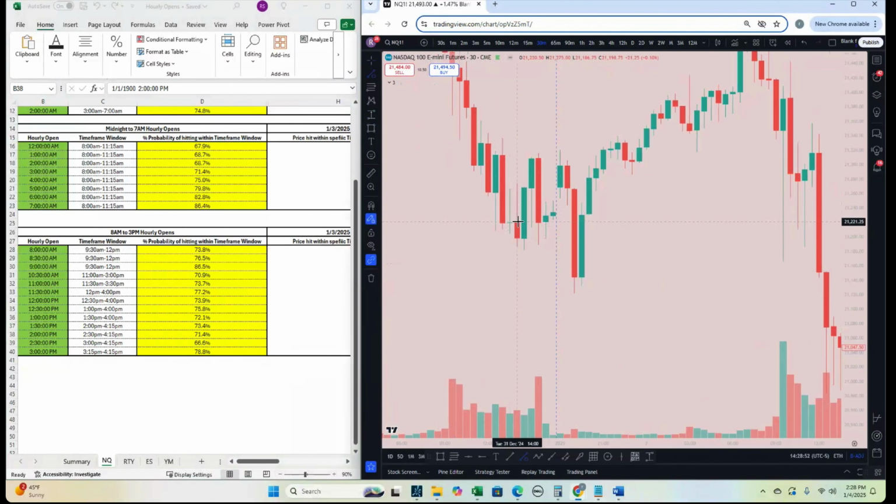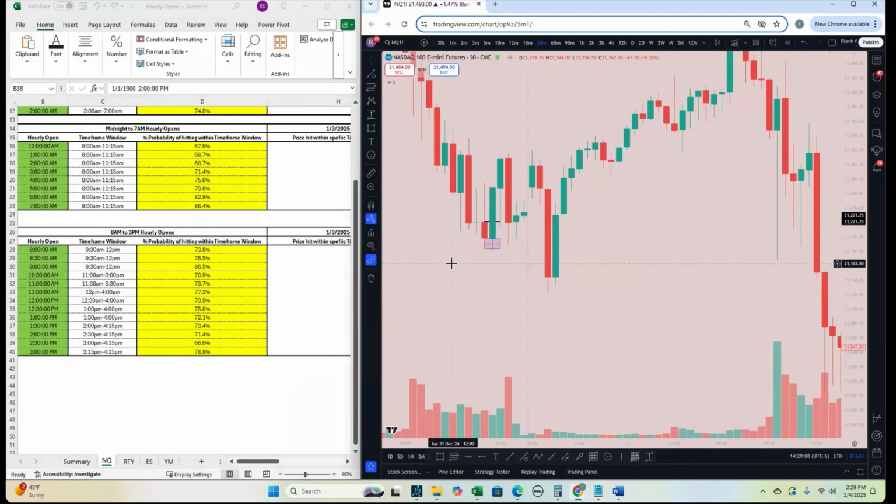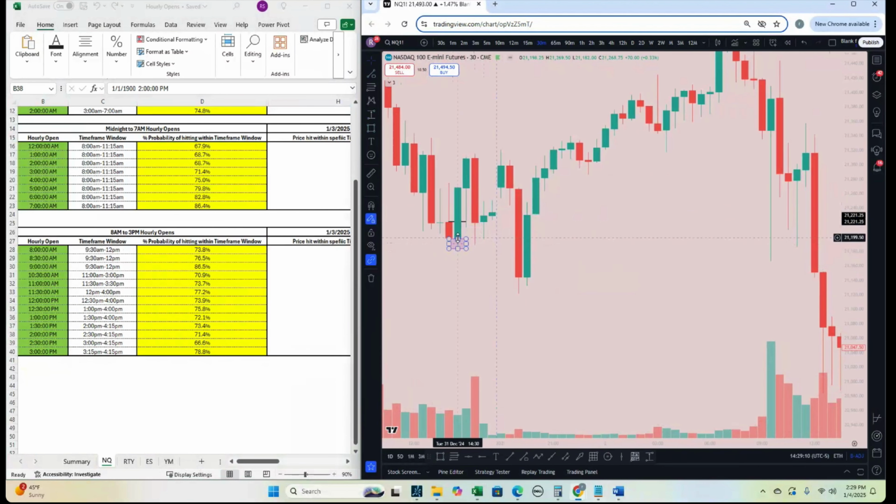As soon as it gets to about 2:28, 2:29, I'm marking this out, right? And then I'm drawing my little box above the wick, and then I'm taking longs to knock out this wick, or knock out this open.